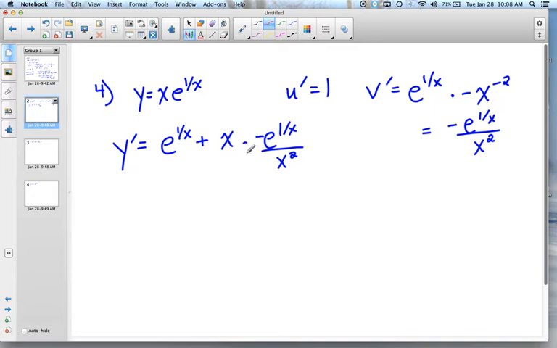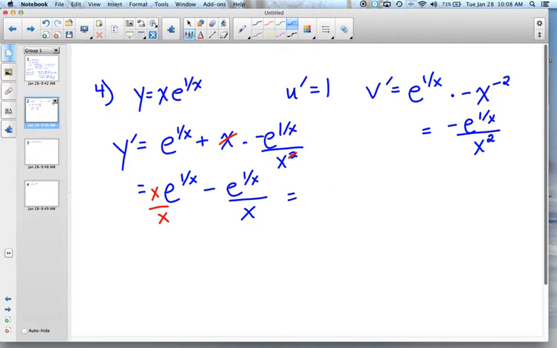Can do a little canceling here because of this x squared, one of the x's cancels. So we get e to the 1 over x minus e to the 1 over x over x. Now remember when I talked about how if you have a fraction, a sum or a difference, you really want to put this together into one fraction. So I'm going to need to find a common denominator.